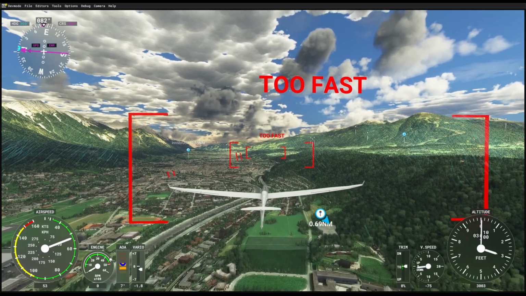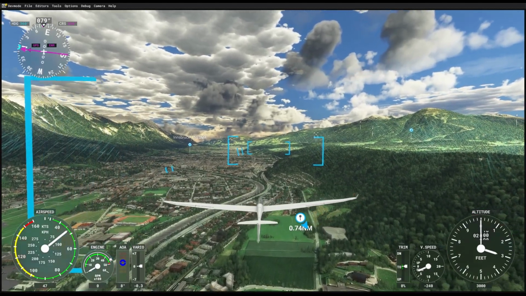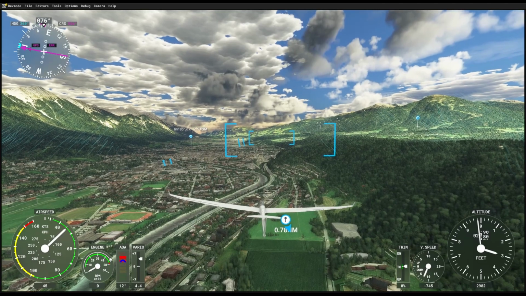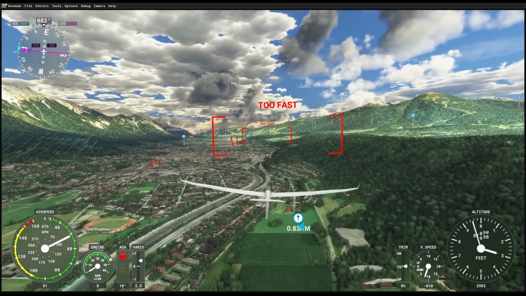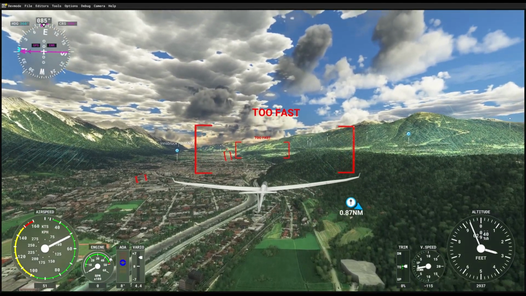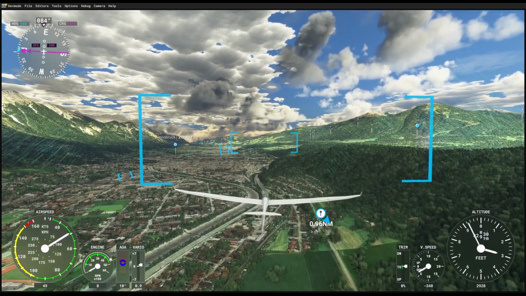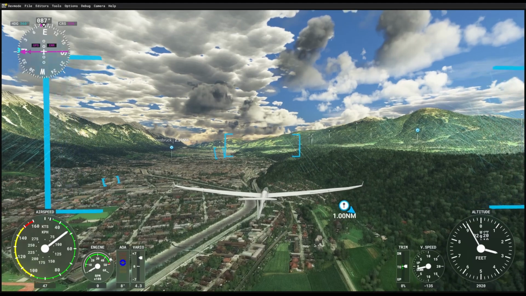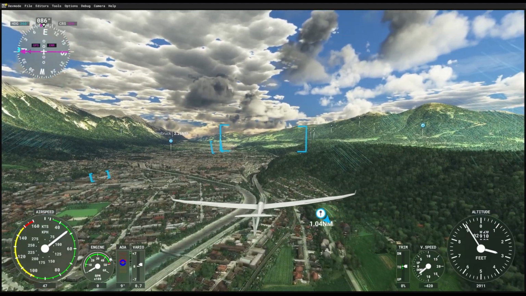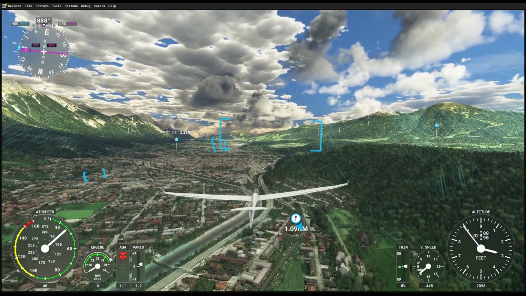I need to get that speed down closer to about 80 before these indicators say that I'm not flying too fast. I'm demonstrating that it's possible to fly the indicated speed of Microsoft Flight Simulator, but in real life, this would subject a sailplane to a potential stall.